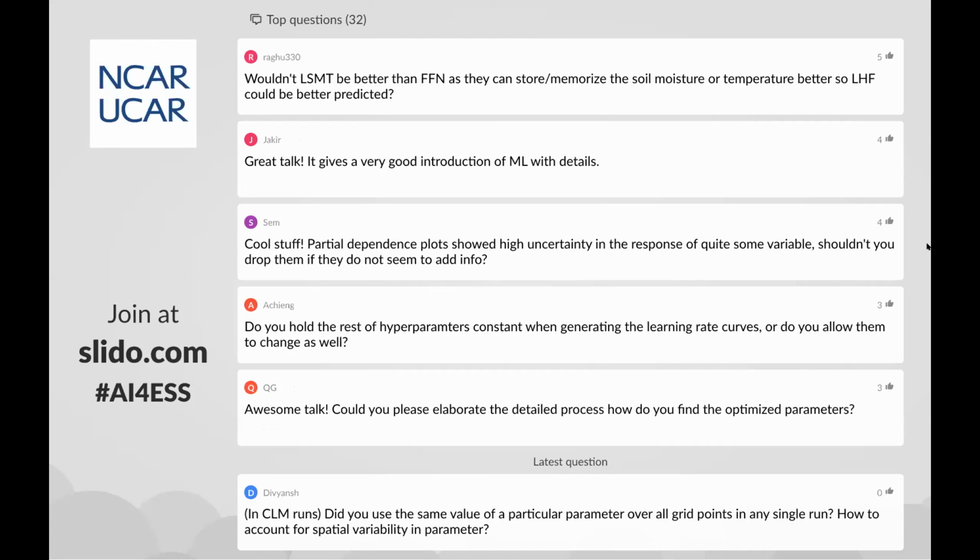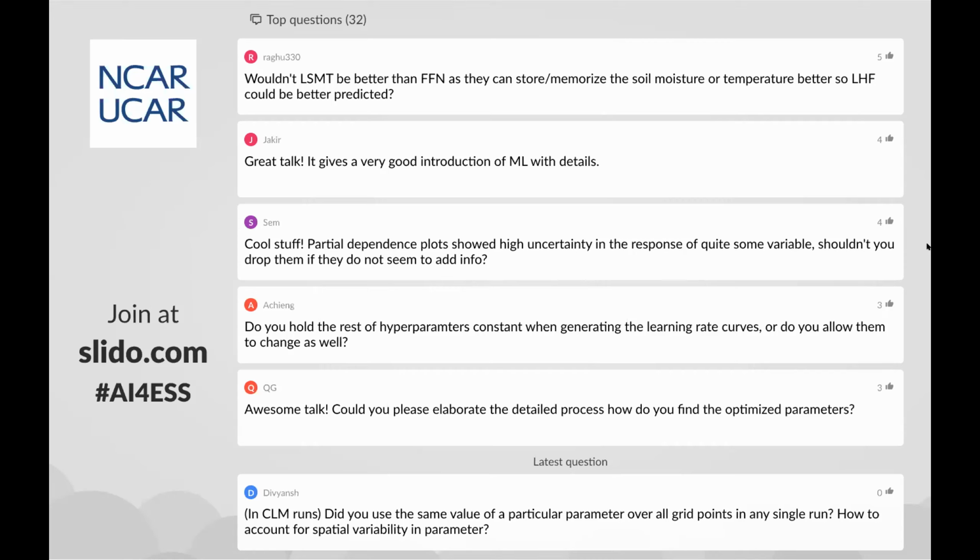Okay, next question's from Ragu330. Would an LSTM be better than an FFN, as they can store, memorize the soil moisture or temperature better, so latent heat flux could be better predicted? I'm not sure I know those acronyms, so I might need some clarification.